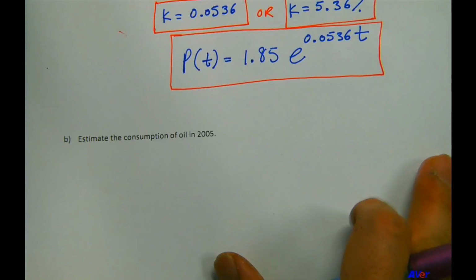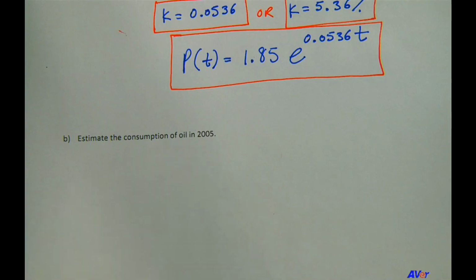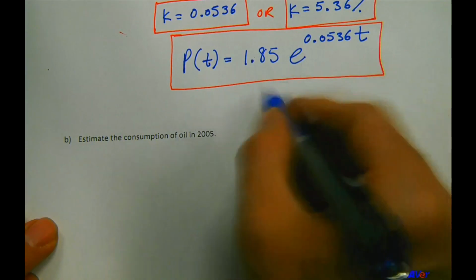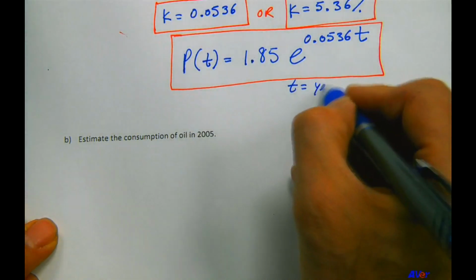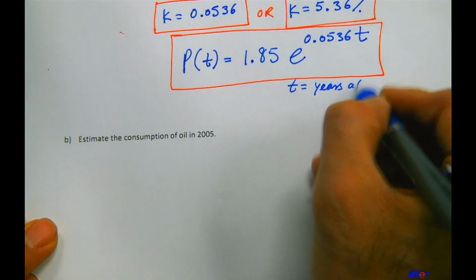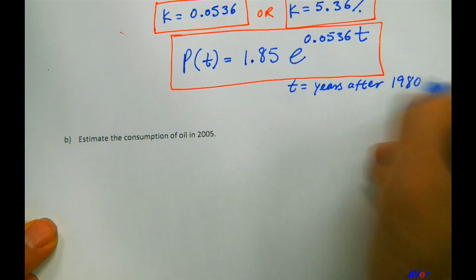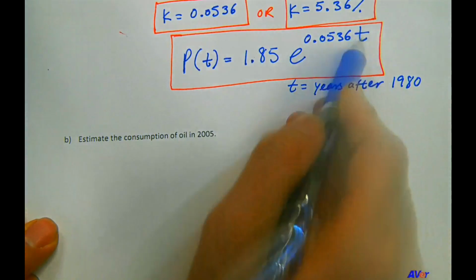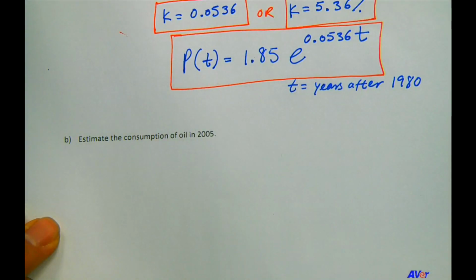Now the next part is saying estimate the consumption of oil. By the way, I should add here, t is years after 1980. So that's what t represents. If you said, what's the daily consumption of oil in China in 1985, then t would be 5.